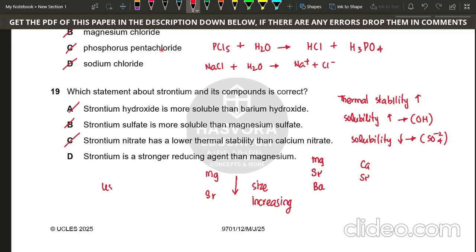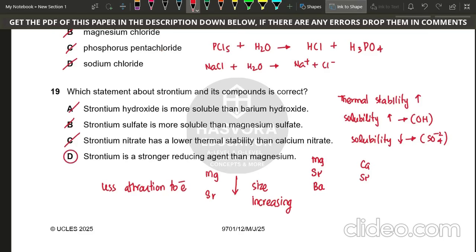So this means that it can easily lose the electrons, or you can say it can easily reduce the other one, because losing electrons is actually oxidation. So it is oxidizing itself and it is reducing the other one. So it is actually acting as a reducing agent. So D will be your answer.